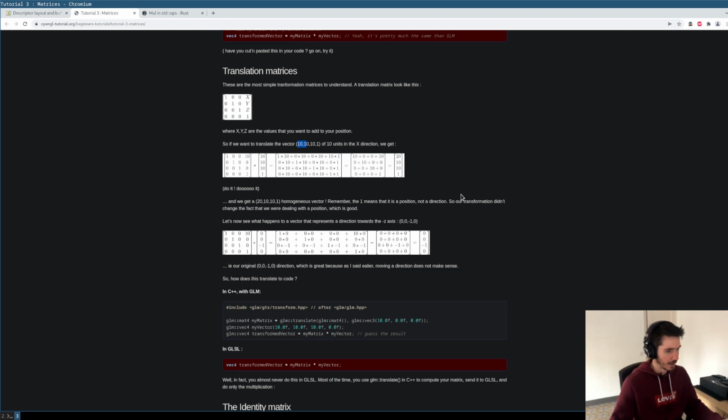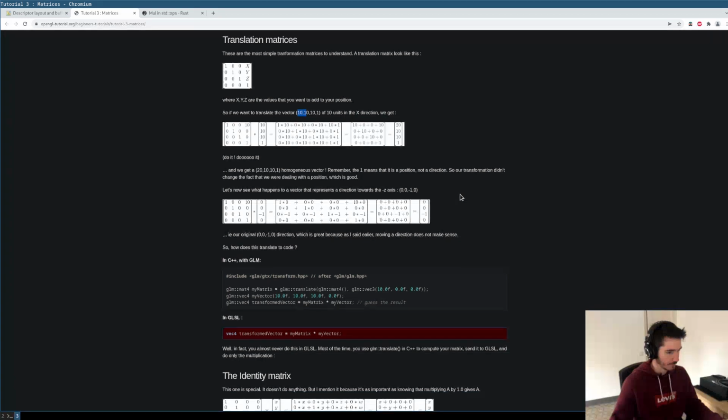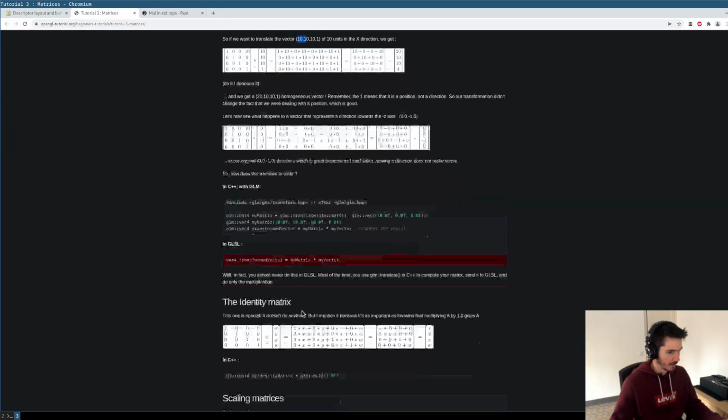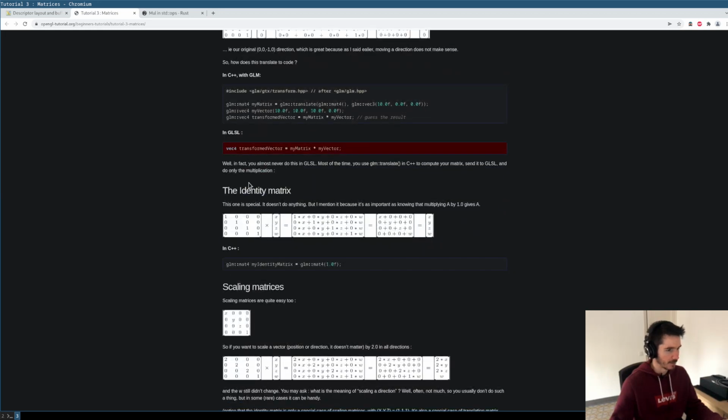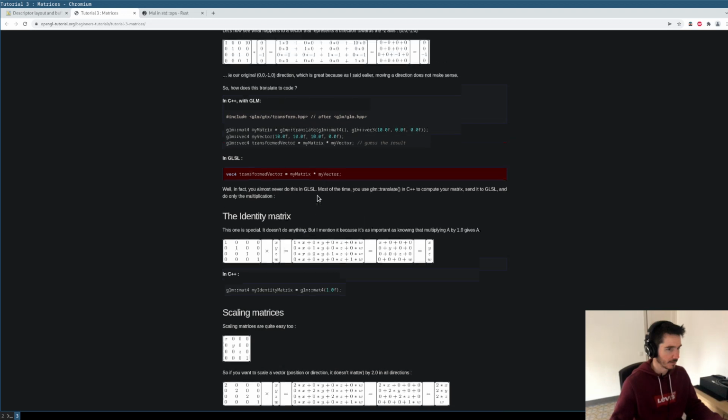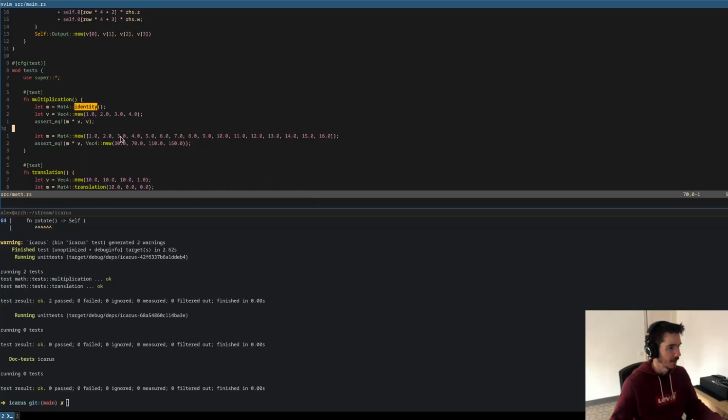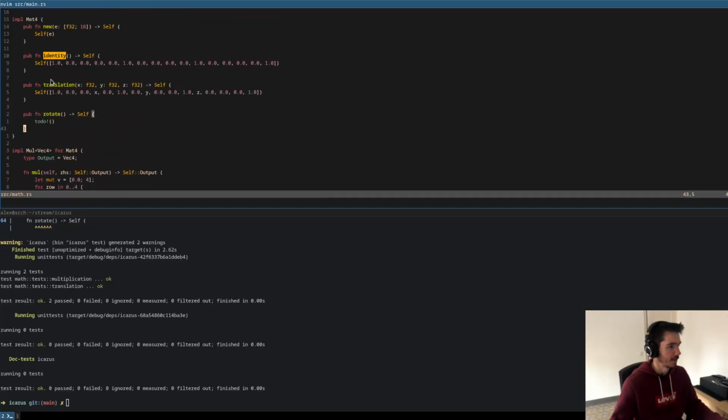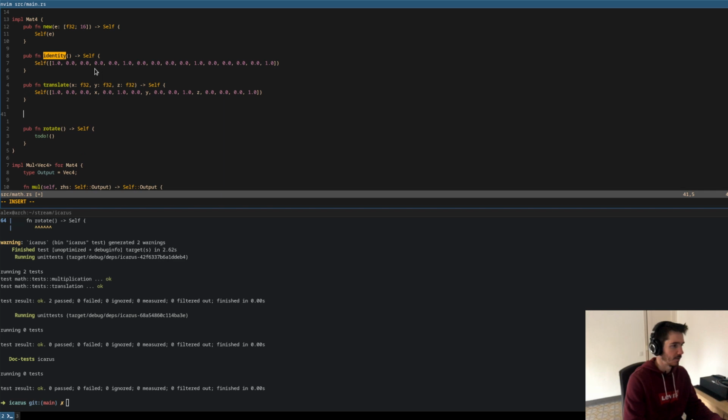Let's see what do we have next. Next, they talk about the identity matrix. I have changed my mind. I'm gonna change this to translate, add a new one, scale.